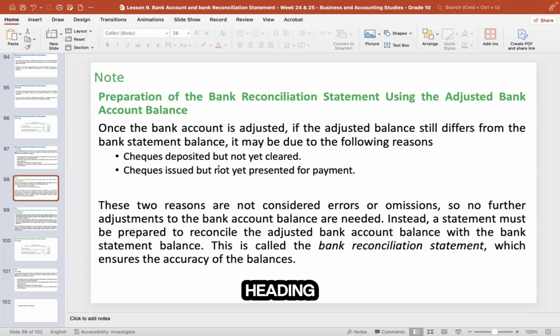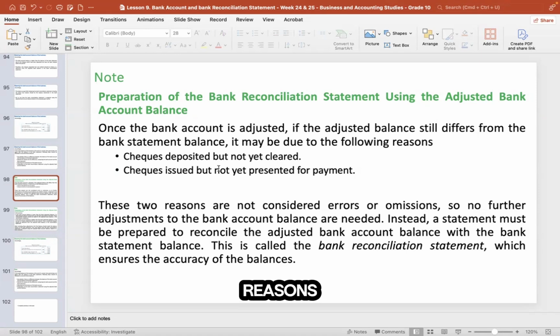You have to put the heading as preparation of bank reconciliation statement using the adjusted bank account balance. Once the bank account is adjusted, if the adjusted balance still differs from the bank statement balance, it may be due to the following reasons. Checks deposited but not yet cleared, checks issued but not yet presented for the payment.